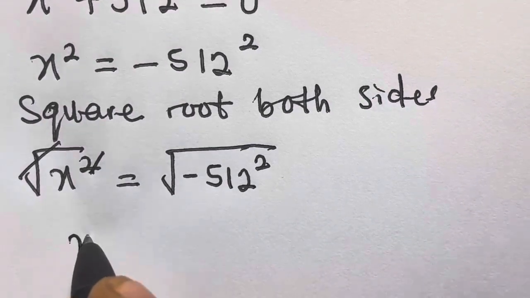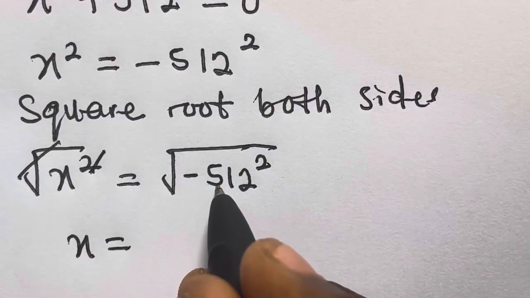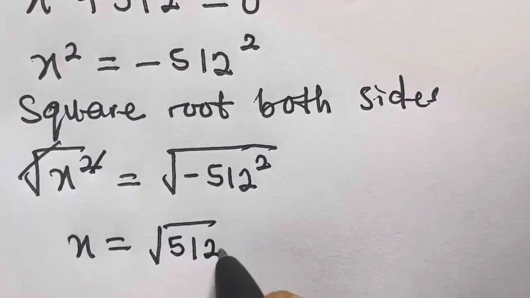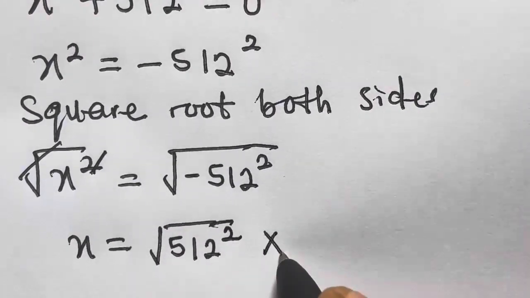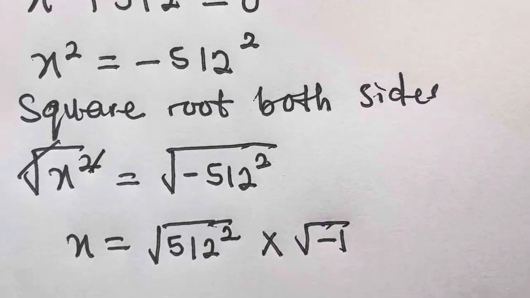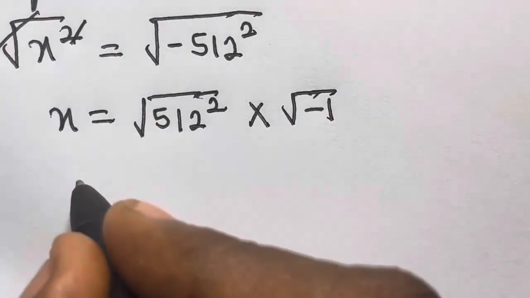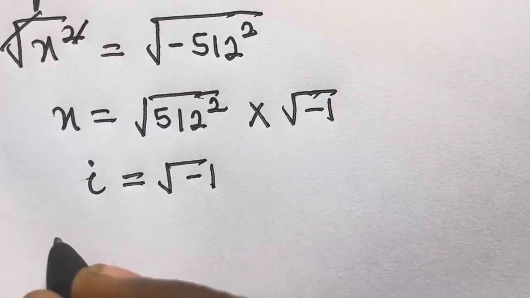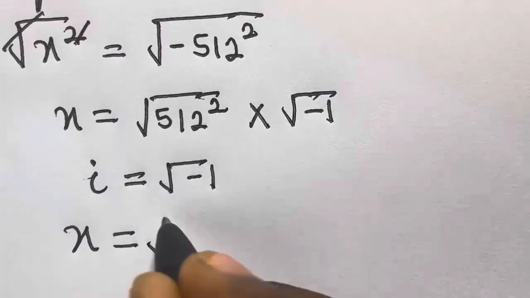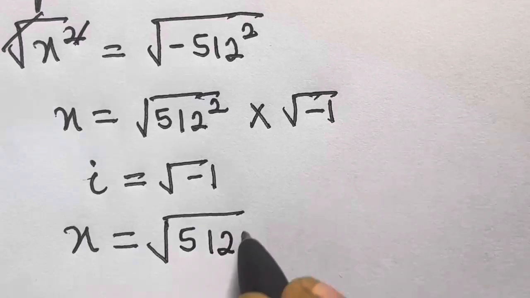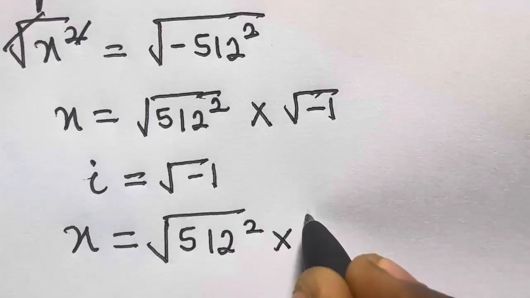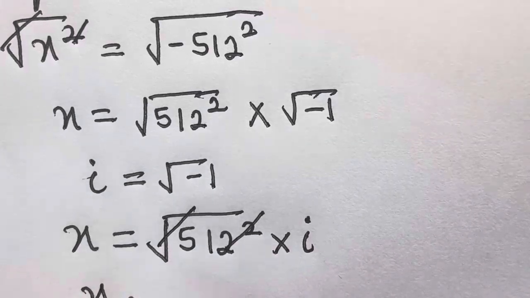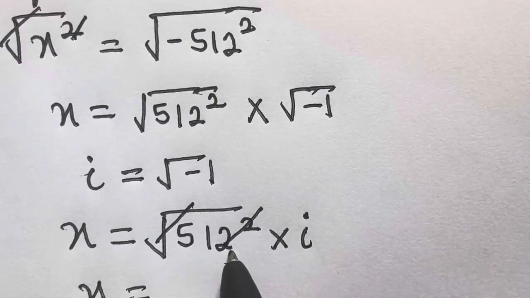So we have x equals minus 512 squared can be expressed as 512 squared times square root of minus 1. But recall from complex numbers that i, which is iota, equals square root of minus 1. So we have x equals square root of 512 squared times i. So here you observe that this will also cancel this. So we have x equals 512 times i.